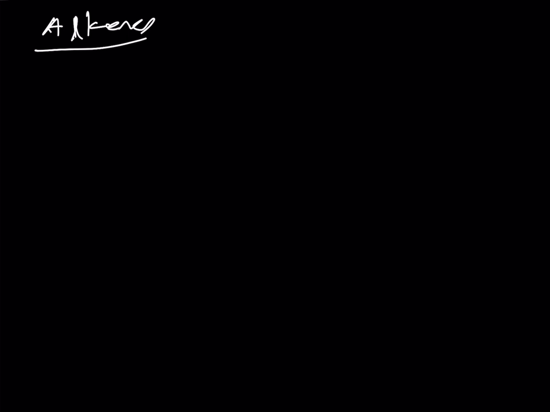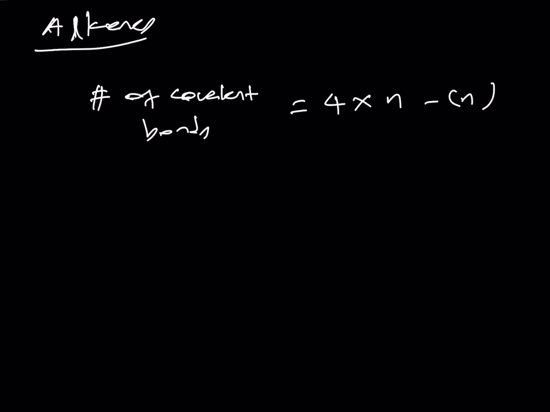So for alkenes, the number of covalent bonds equal to 4 times n minus n. So let us say we have this one, ethylene. The molecular formula is C2H4.